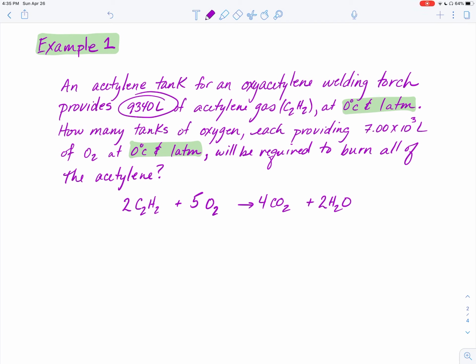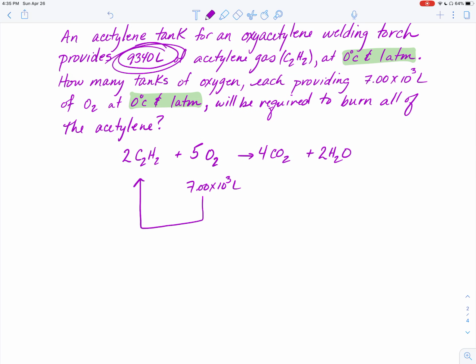Essentially, we start with 7.00 times 10 to the third liters of O2 and find stoichiometrically what volume of acetylene reacts with all of that oxygen, and then how many tanks it would take to react with all 9,340 liters of acetylene.